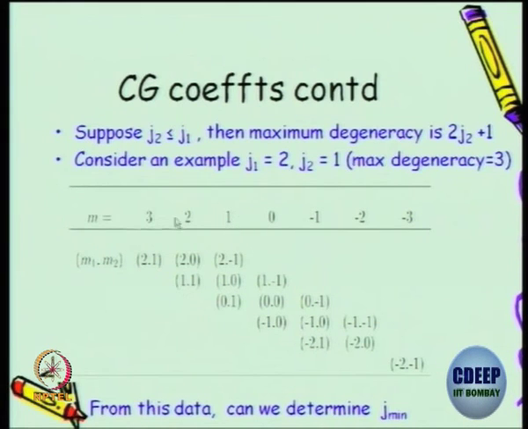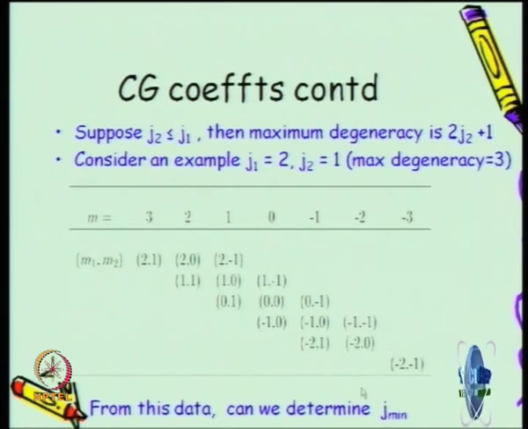If you go to M equal to 1, you should remember that M2 will take values from minus 1, 0 and plus 1, and M1 will take values from minus 2, minus 1, 0, plus 1 and plus 2. You understand, no? So if you take that, then this is the only possibility. This is convincing that if J2 is less than J1, the maximum degeneracy of states which can contribute to a specific M, in this case, is 3.